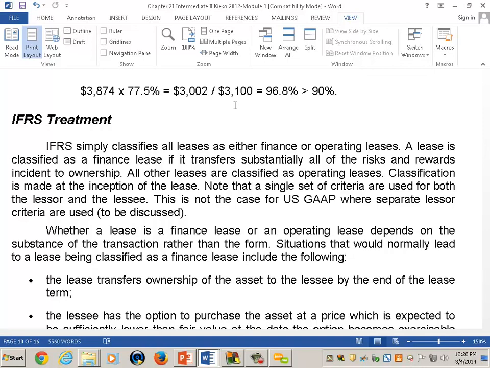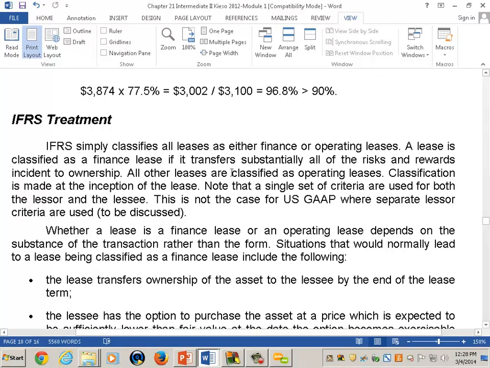Use the implicit rate, unless it's not available. So for IFRS, the discount rate is always the rate implicit in the lease, unless it's not available. So same rules, lessor, lessee, implicit rate.